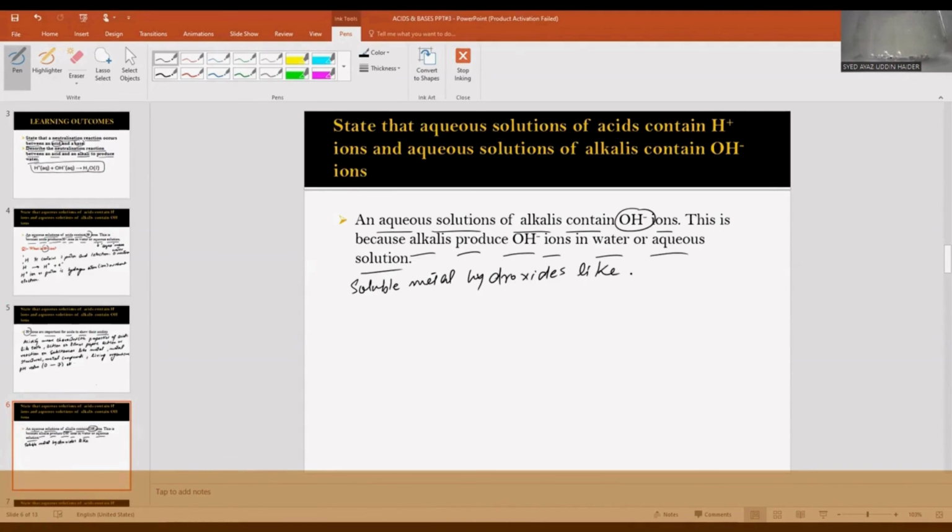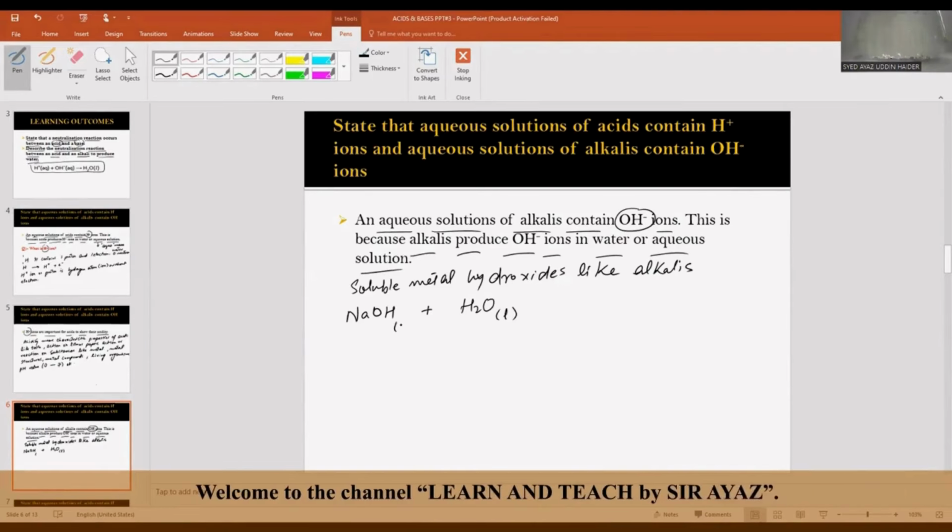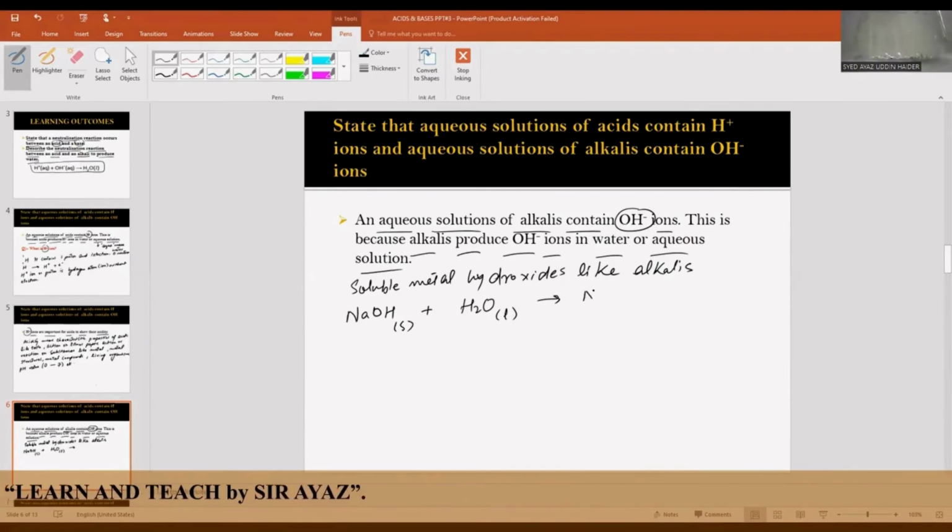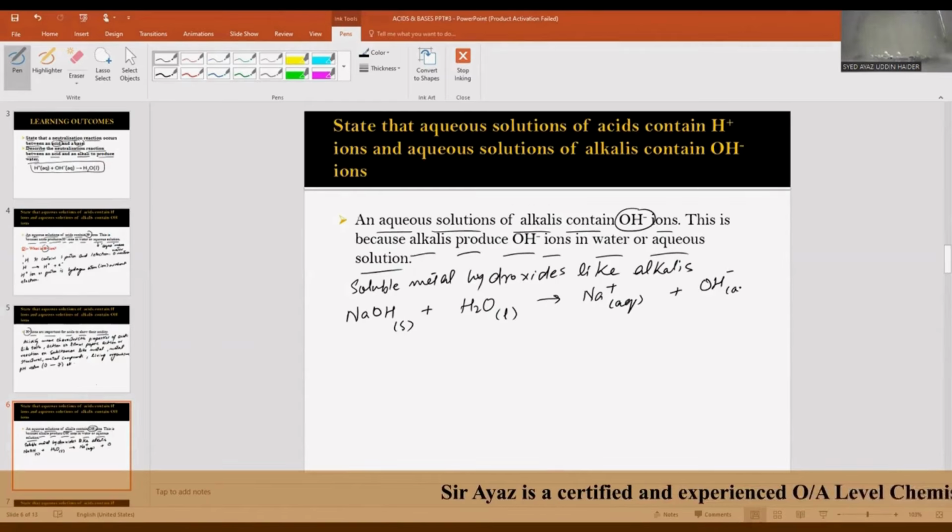NaOH is one example. If you dissolve it in water, it will produce Na positive ion aqueous plus OH negative ion.